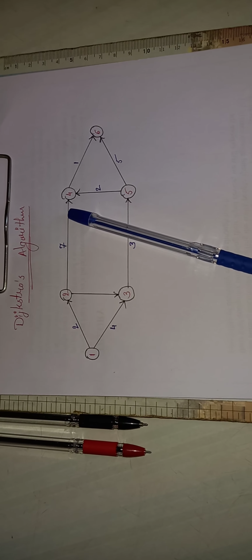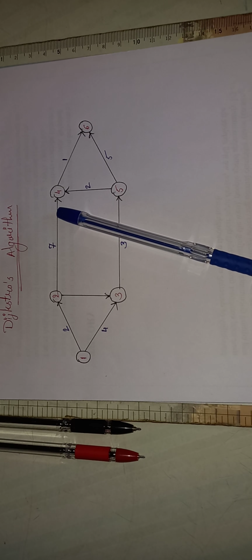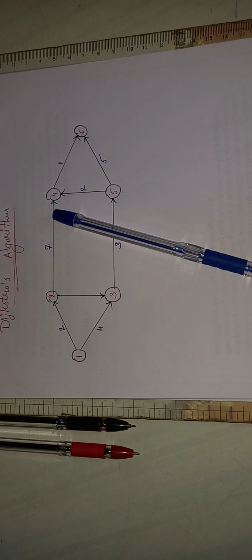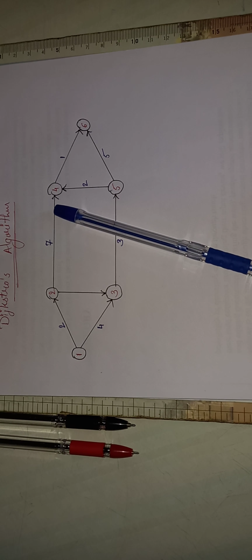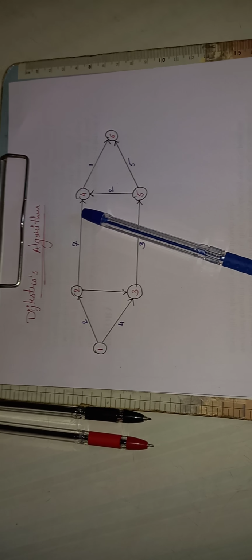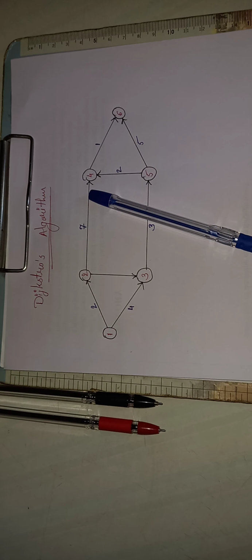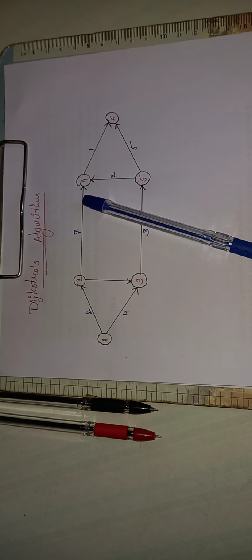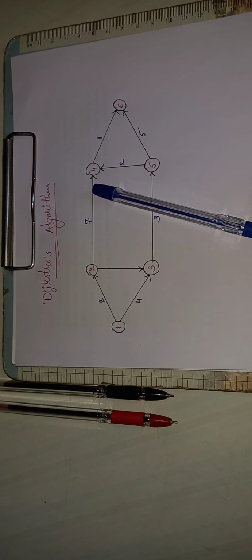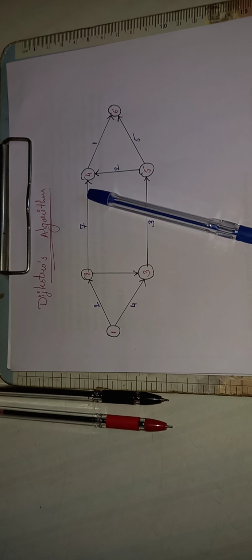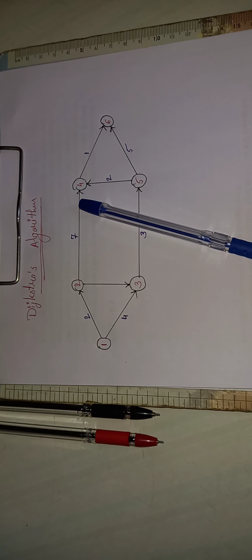Whenever we work with minimization, we have to find the optimum solution, and optimization means we have to work with the greedy method. As we all know, the greedy method says we have to work in a step by step format, which means at each step we consider only one input.